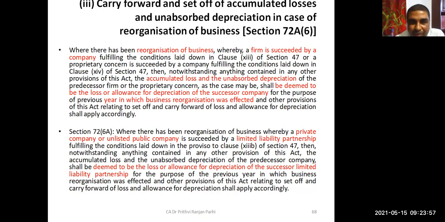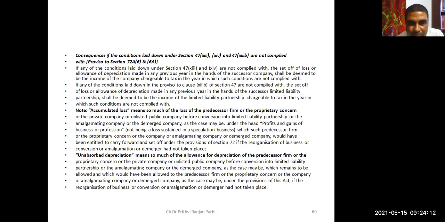So if the private limited company or unlisted public company is converted into LLP, then also that loss or unabsorbed depreciation shall be deemed to be the unabsorbed depreciation or loss of the successor. That the successor will be holding.